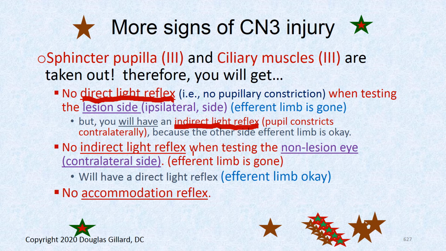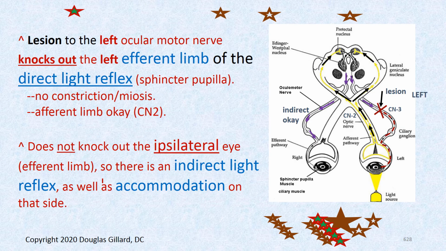All right. Now, if you're testing the left eye and they have a lesion on the right, they will still have a direct light reflex because there's nothing wrong with that eye. There will be no accommodation reflex, however. We'll look at that more specifically here in a second.